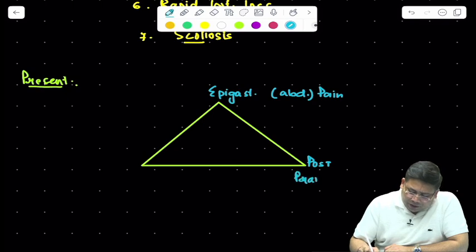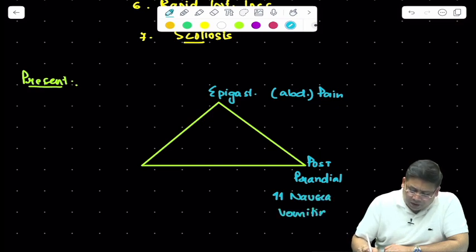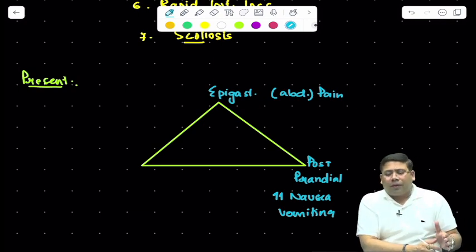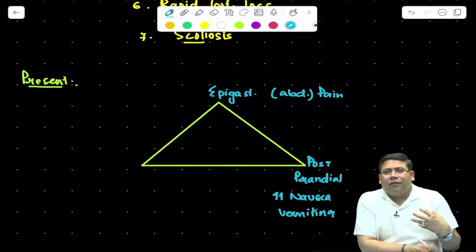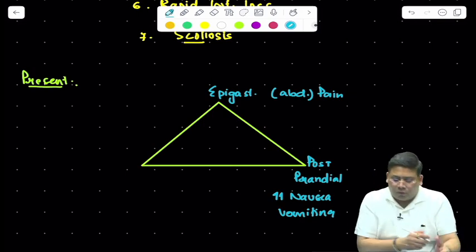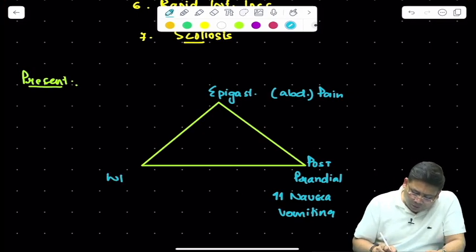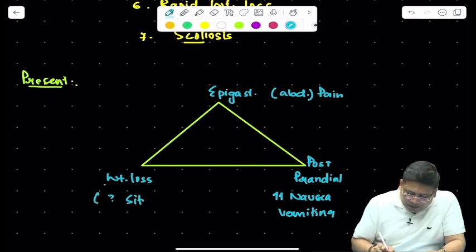So postprandial increase in nausea, and not only this, there is vomiting. So epigastric pain, postprandial nausea and vomiting, and along with that pain, the patient develops aversion to food. So weight loss, and why weight loss? Because of something which is known as cetophobia.